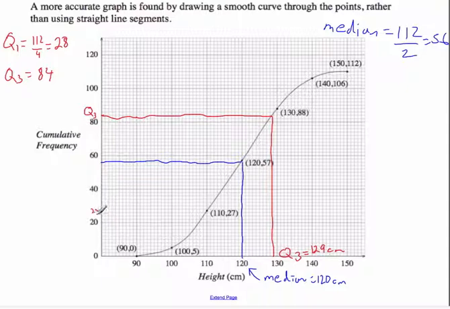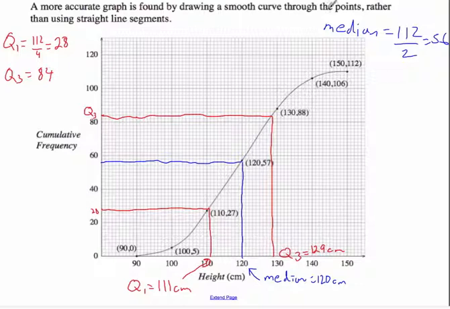I'm going to go across and go down, so about 111. So Q1 is about 111 centimeters. So what this means is that a quarter of the group, or 25% of the group, is below 111 centimeters, and 25% is above 129 centimeters.